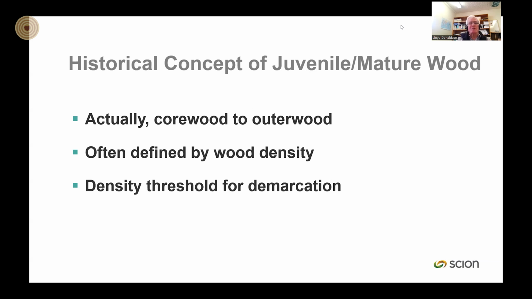The historical concept has often been defined by wood density, which is a convenience variable to study. And even in some cases, authors have adopted a fairly arbitrary density threshold for demarcating between so-called juvenile wood and mature wood.